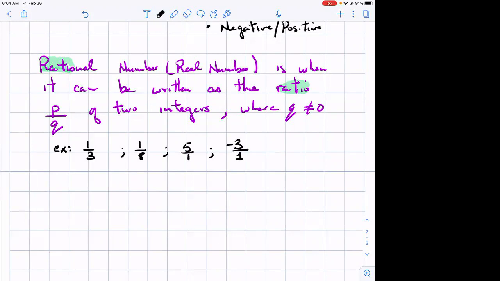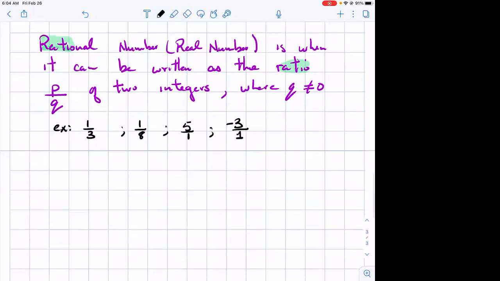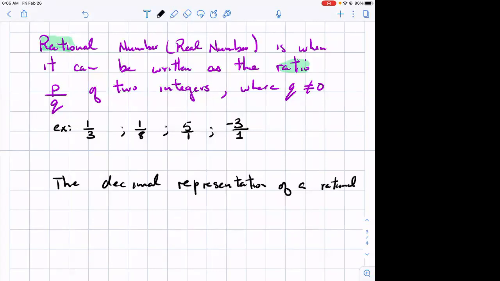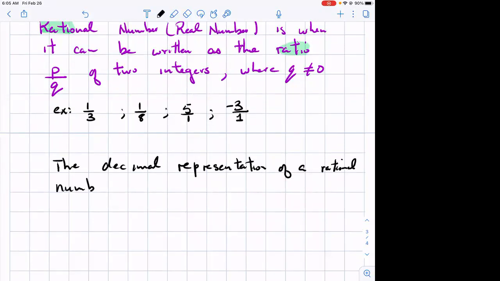So notice that the decimal representation of a rational number either terminates or repeats.